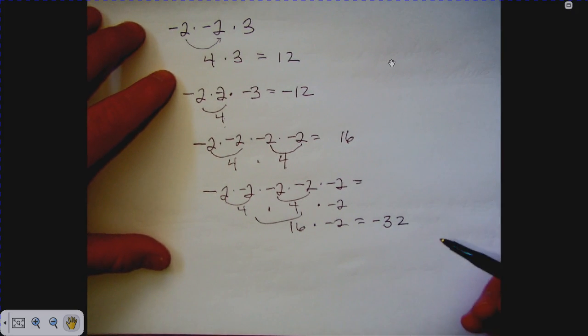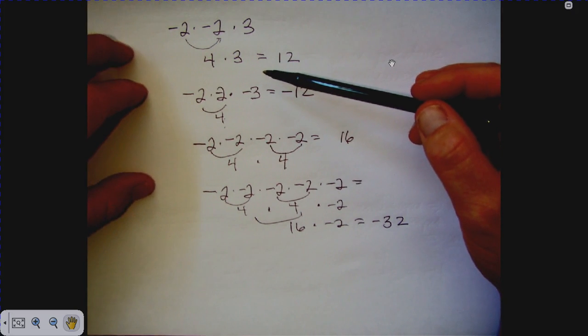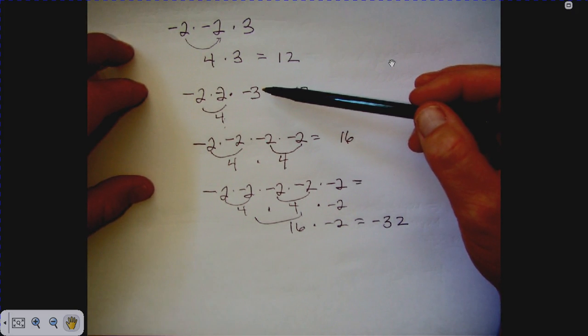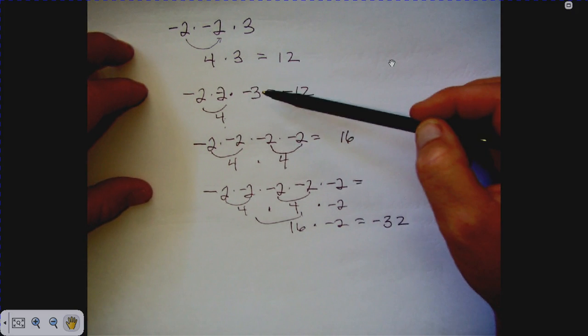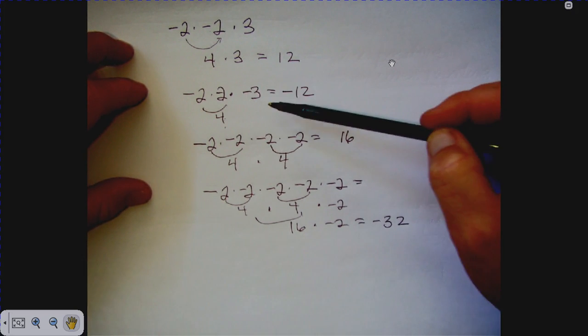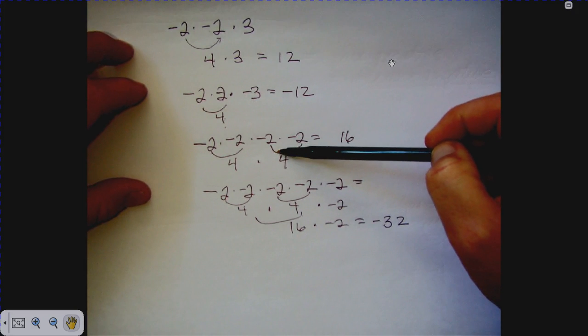We can generalize this, because if you notice, I have 3 negative signs there, and I have 4 negative signs here.